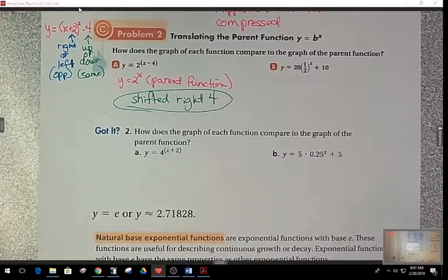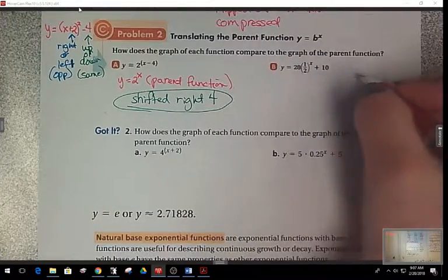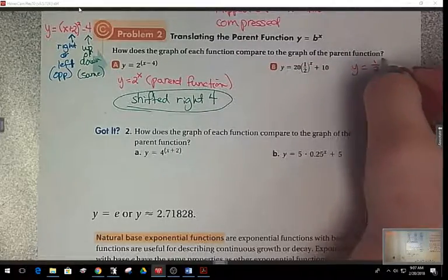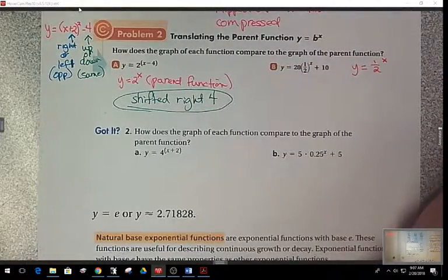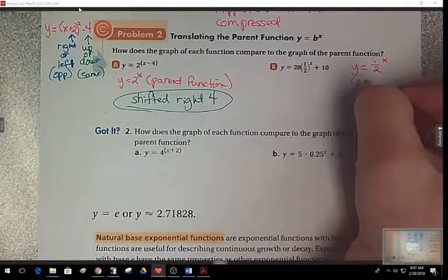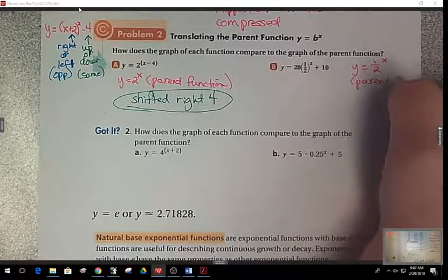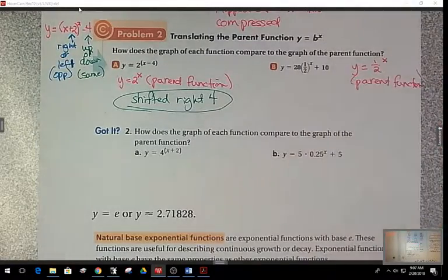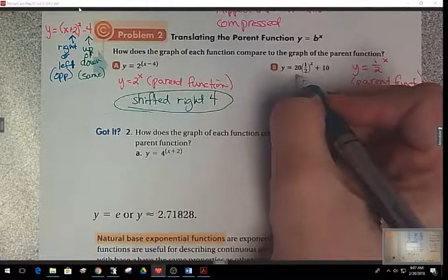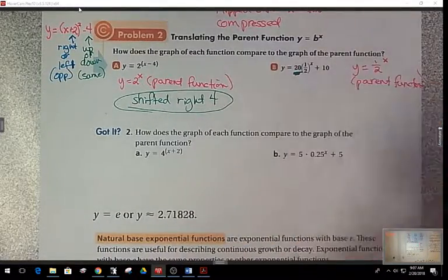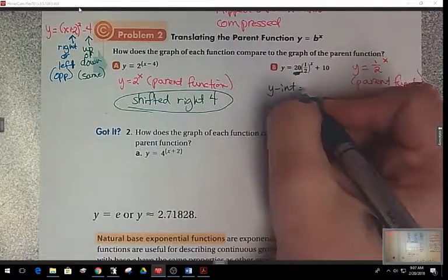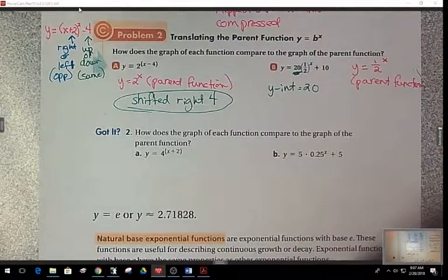For part B, my parent function is going to be y equals 1/2 to the x. And they want to know, what do all those other numbers do to it? Well, the 20 is going to make the y-intercept equal to 20.